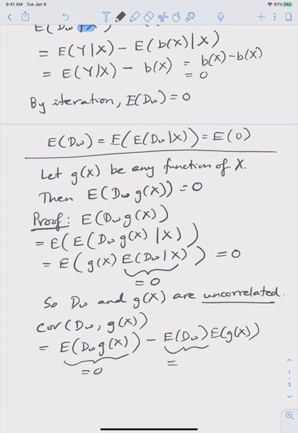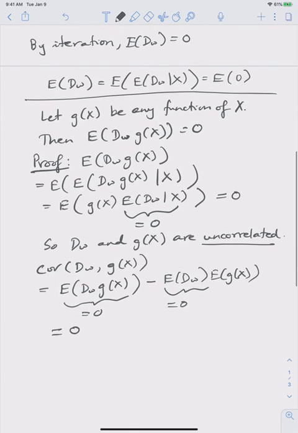We also showed that is 0. So the error and functions of X, any functions of X, are uncorrelated.